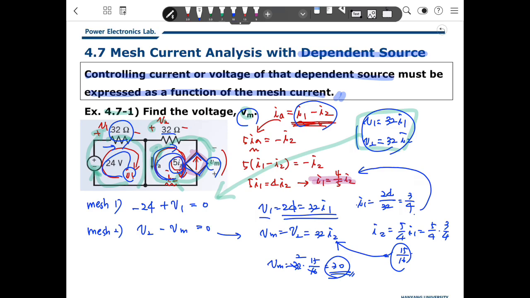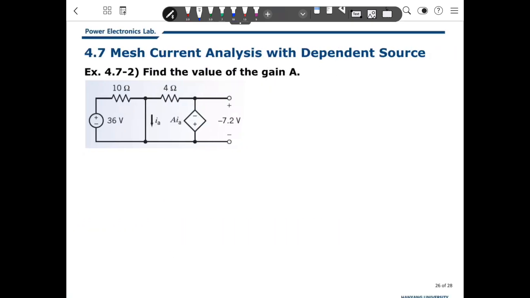Then solve it. That's it. It's very simple, not different. The only thing is we have to redefine all the control variables of the dependent source, whether it is a current source or a voltage source. Okay, this is an example of that. We can do it in a simple way.